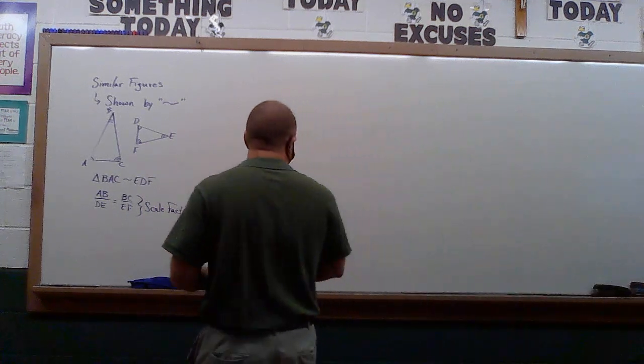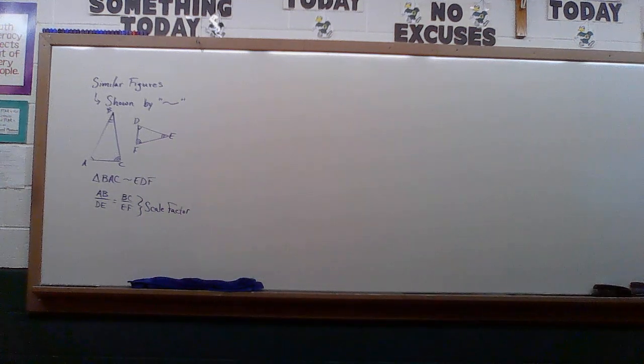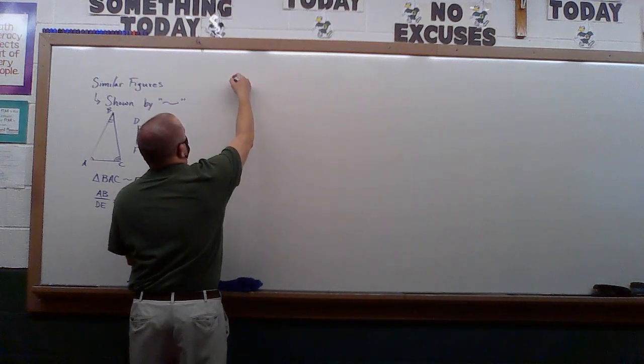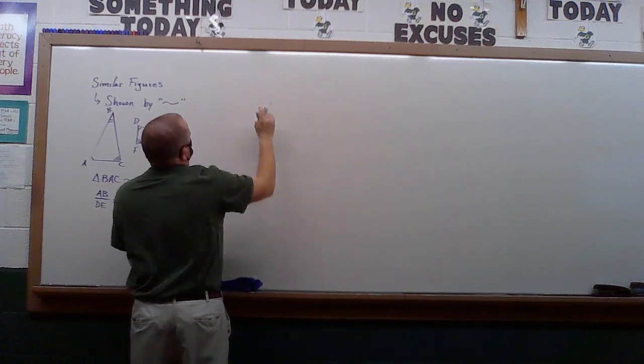So when you do this in this section today, we're talking about areas now because that's just what this section's about. So this is what we're going to be able to write. If I still have my scale factor or my ratio, I don't want to write this.